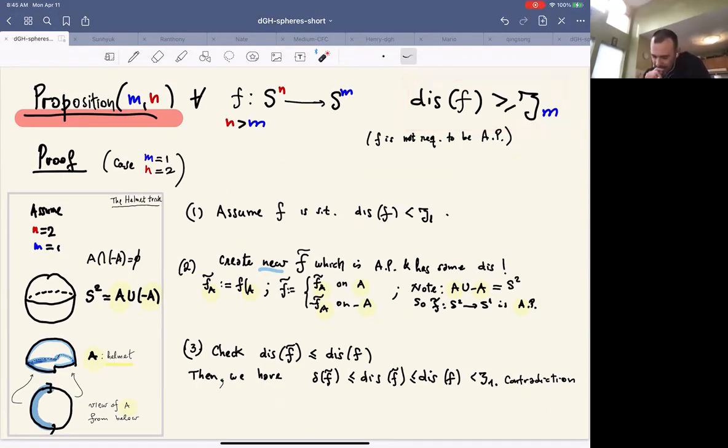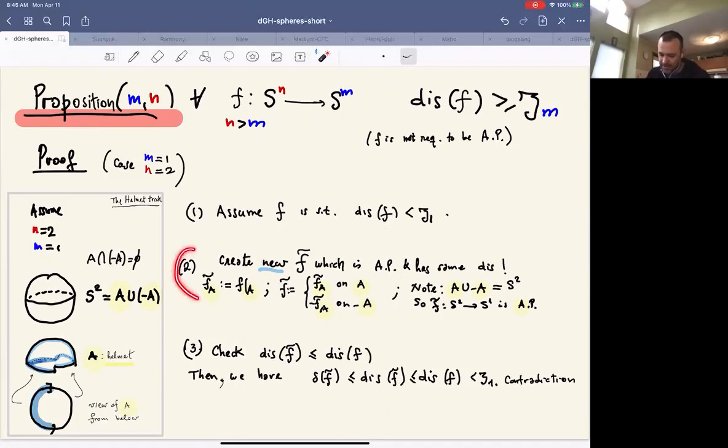And let me tell you how this is proved. Let's assume that m is 1 and n is equal to 2. The proof is by contradiction. So assume that f is a map with distortion strictly smaller than 2 pi by 3, which is zeta1. Then the trick is to create a new f tilde, which is now antipole preserving and has the same distortion as f.